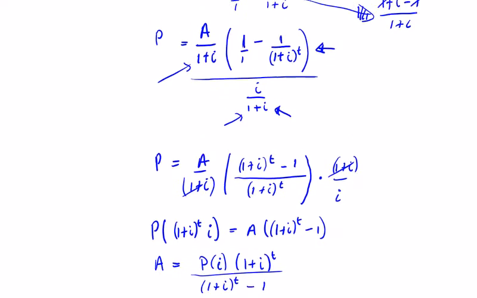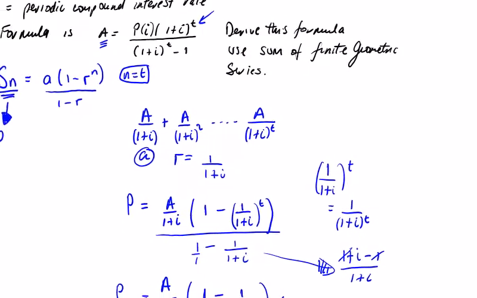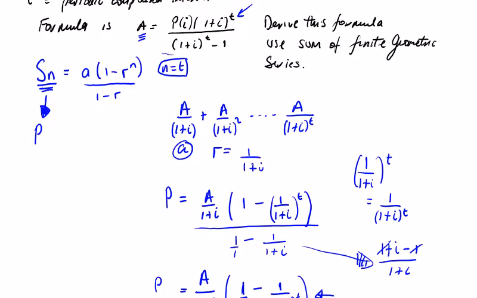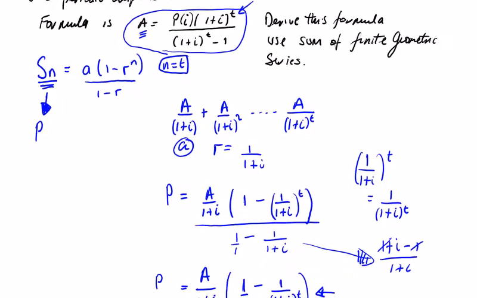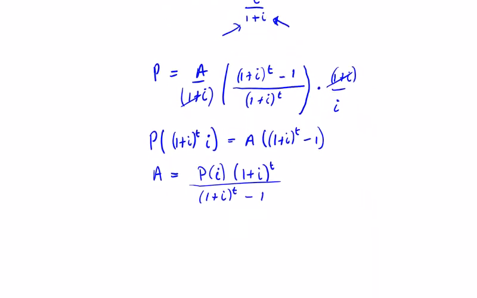If we go back up, this is what they were looking for: P times I times (1 plus I) to the power of T, over (1 plus I) to the power of T minus 1. So that's it. Finished. A real handy formula to know how to manipulate.